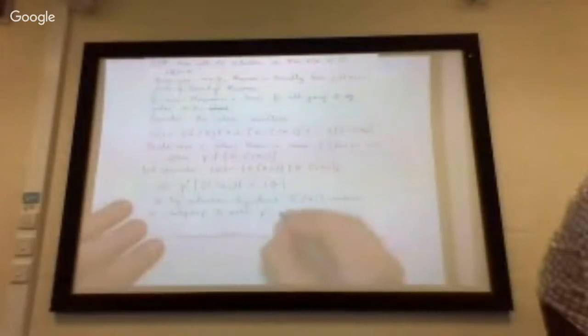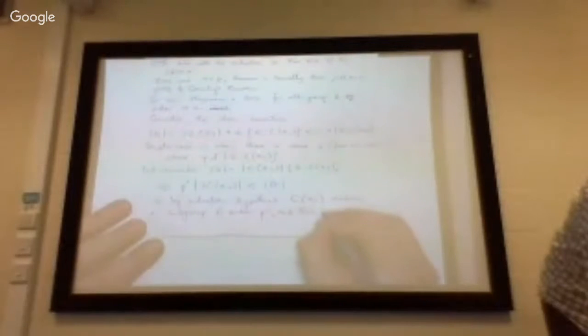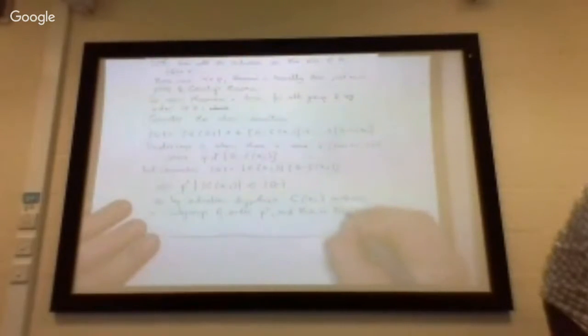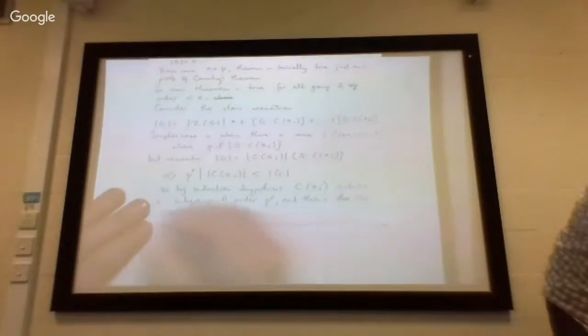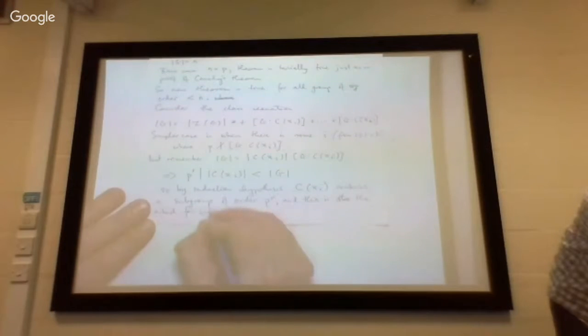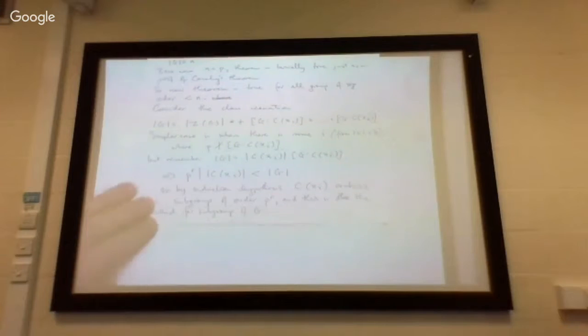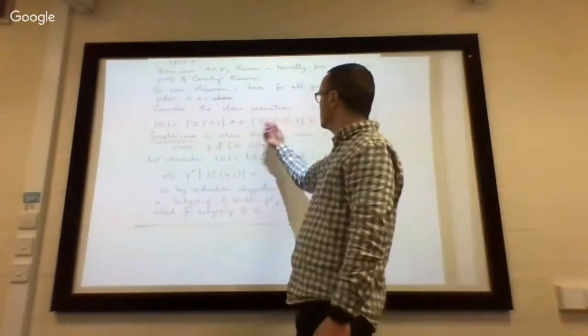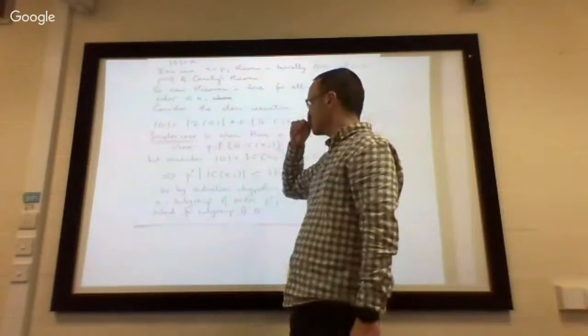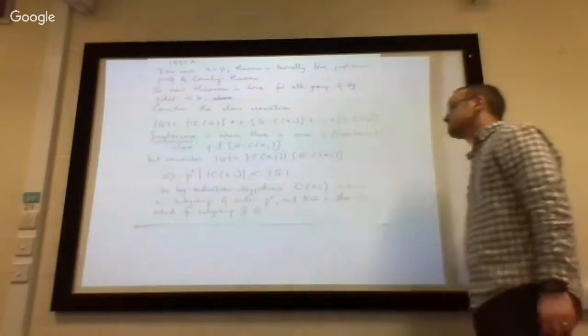So this is the required subgroup, the asked-for subgroup of G. That's just in this simpler case, when it happens that one of these terms from the class equation is not divisible by p.